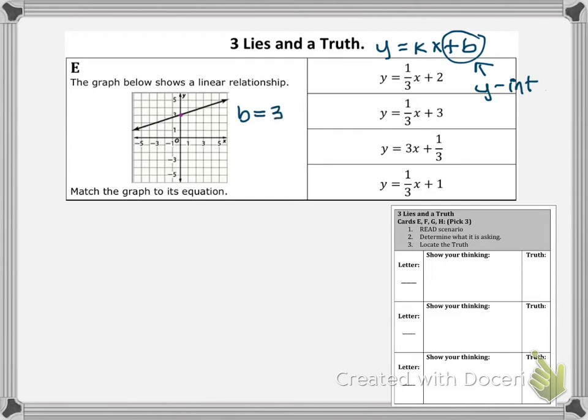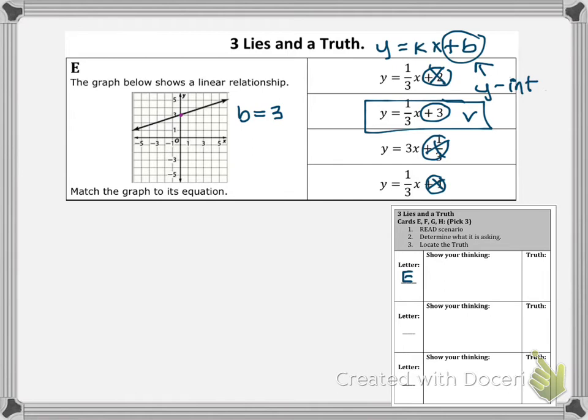Okay, so if we look here, positive 2, positive 3, that's wrong, and that's wrong. So this one is our truth. So that one's actually super easy if we can identify our B and know what that means. So if we have an E, it says to read the scenario, determine what it's asking, and then locate the truth.